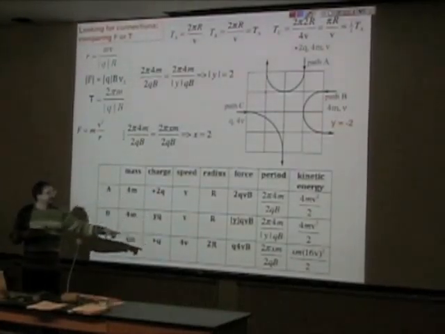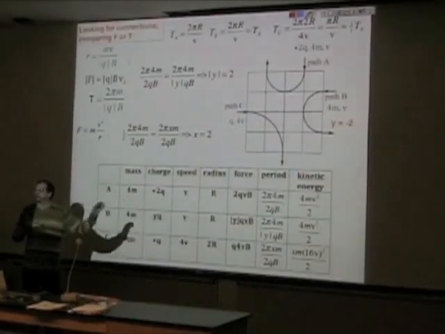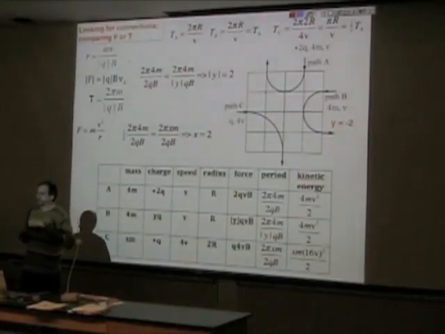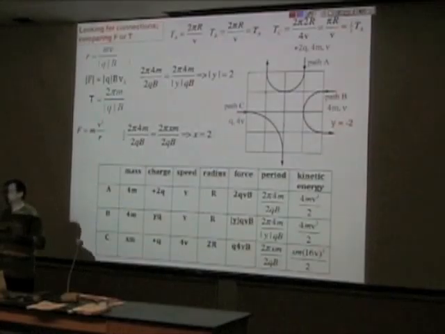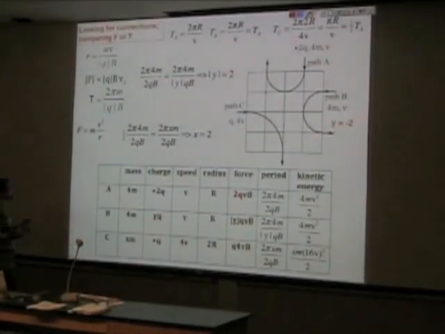After finishing this table, now we have to start thinking a little bit. We have to find some connections, and to do that we could use different equations. For example, another equation for the force. Well, first of all, if you look at this expression and that expression, well, they represent different forces, technically.